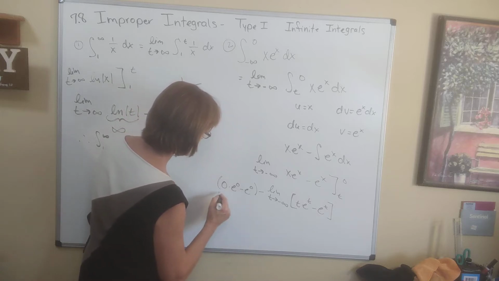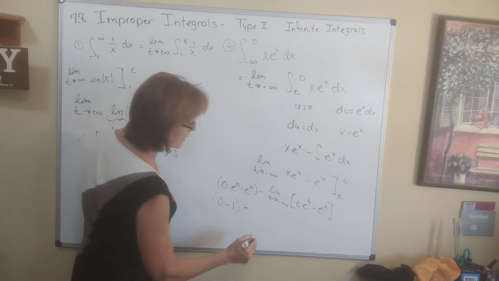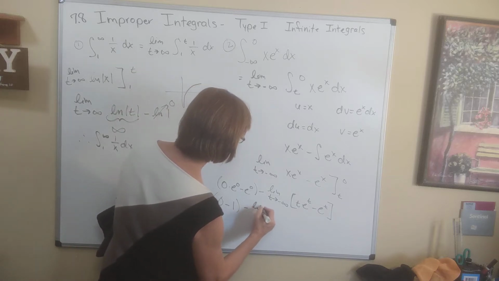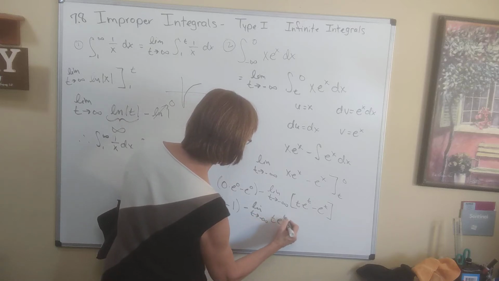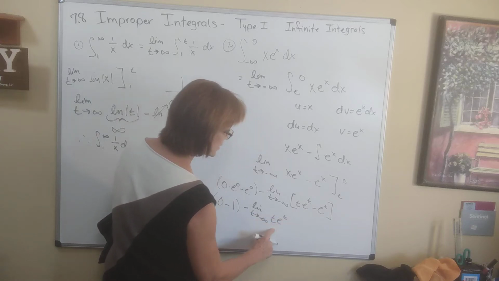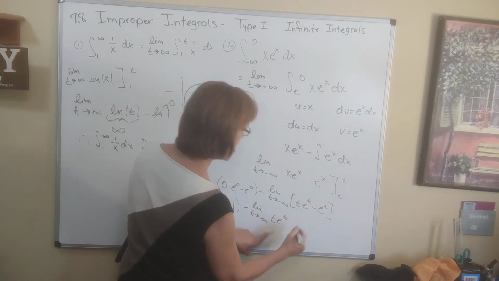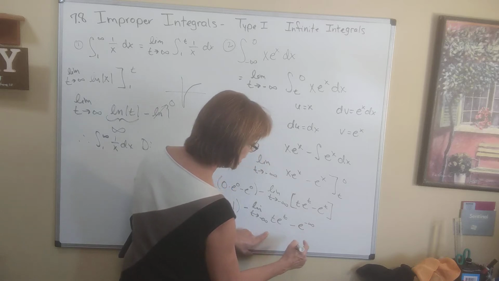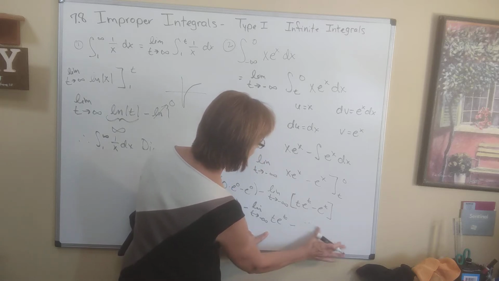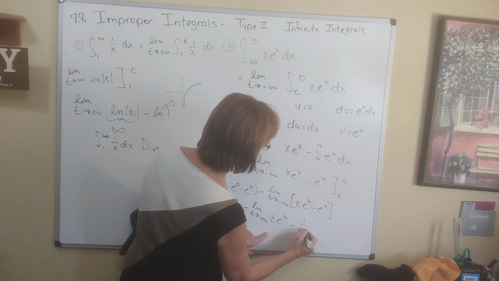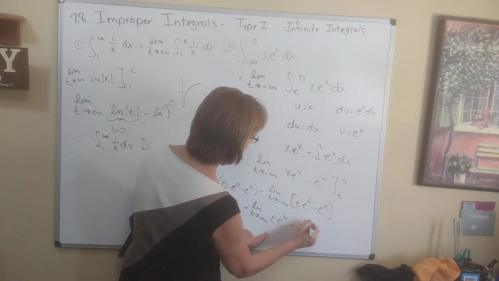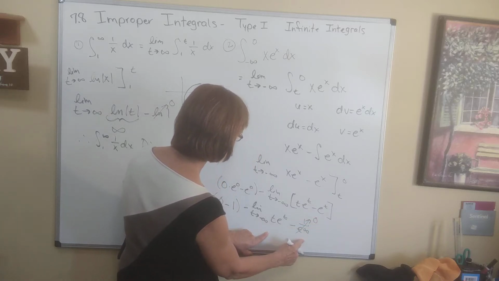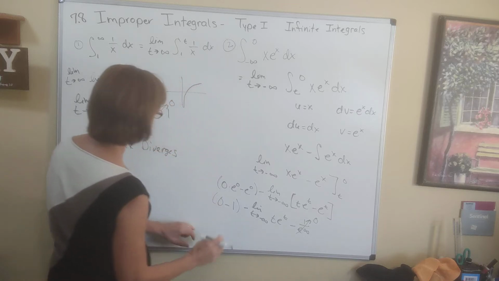So we get 0 minus 1 right here. Minus the limit as t goes to negative infinity of t e to the t, we'll look at this one closer. Let's take care of this one: minus e to the negative infinity. This is basically minus 1 over e to the infinity, which is a 0. So we get a 0 there, and this one we're going to concentrate on.